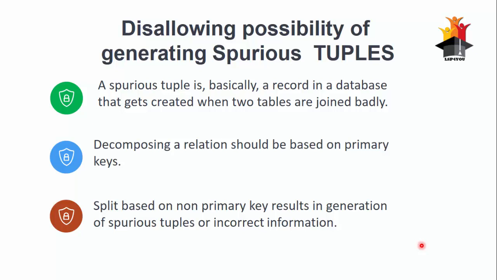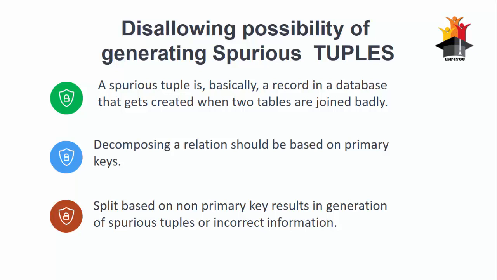Now we'll see the last informal design guideline, disallowing the possibility of generating spurious tuples. A spurious tuple is basically a record in a database that gets created when two tables are joined badly. For avoiding redundancy, we used to decompose the base relation into small relations.